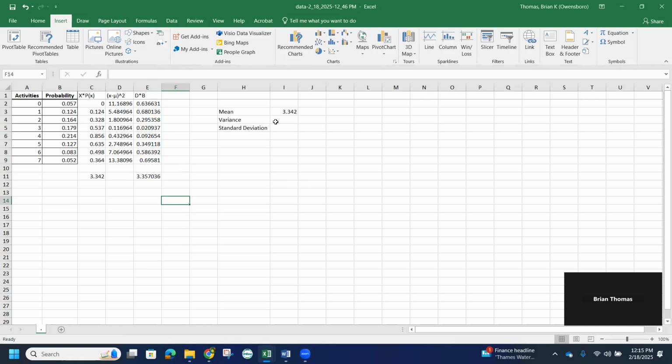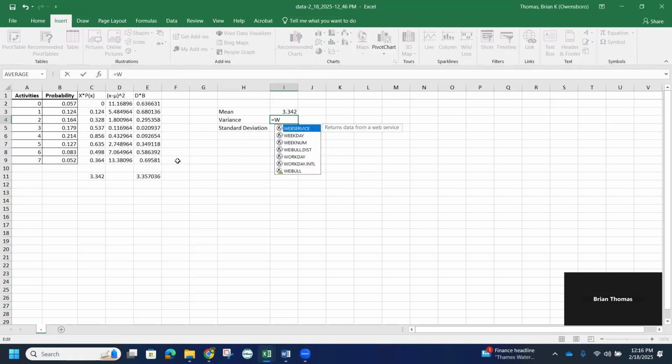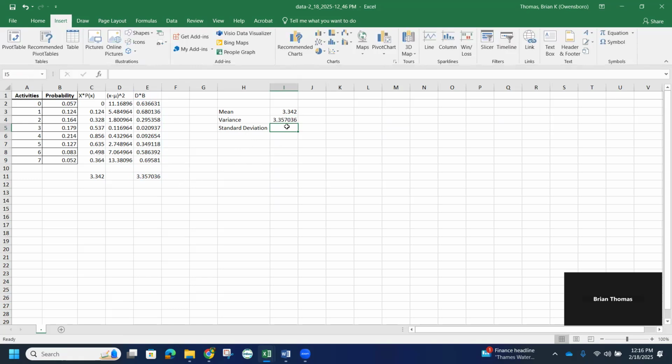So over here, I could say equals, and I'm just going to type in E11. Still don't have all the shortcuts down here. See if that gives me my, yeah.